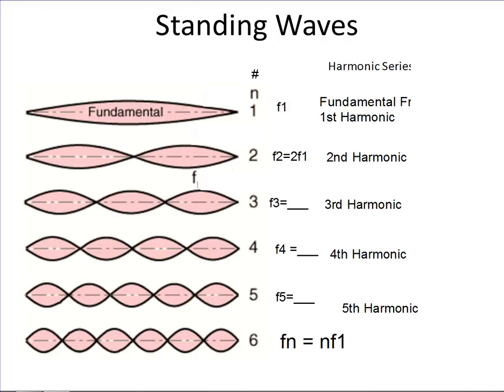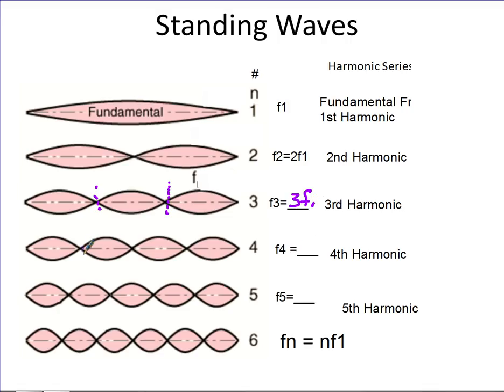Now let's look at the standing wave series. We're going to see if we can come up with a very nice formula. The fundamental, n is 1, first harmonic. If n is 2, then F2 is equal to twice the fundamental. F3, I have 3 antinodes, is equal to 3 times the fundamental.